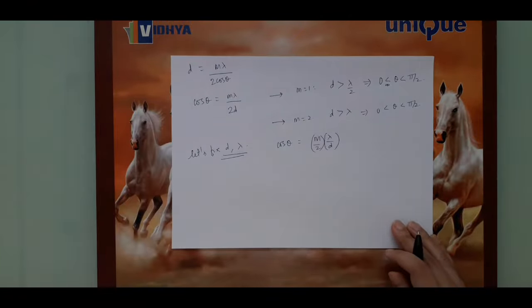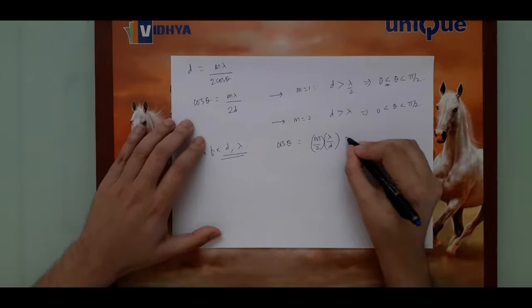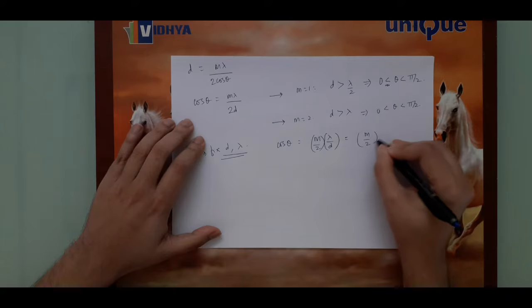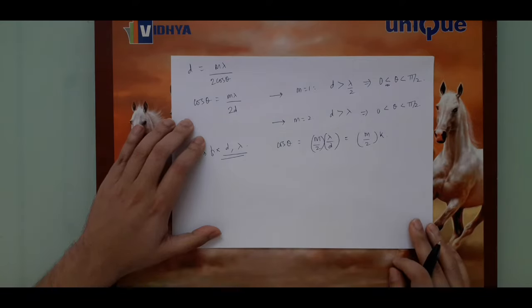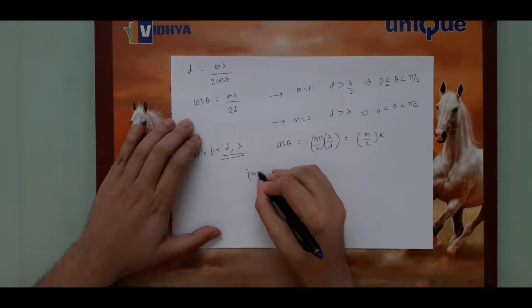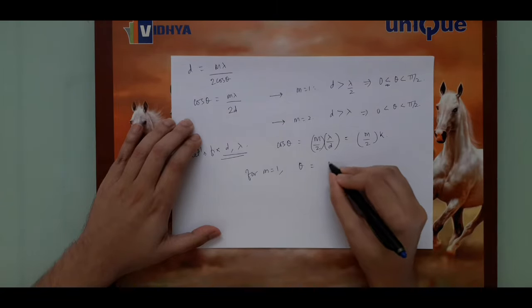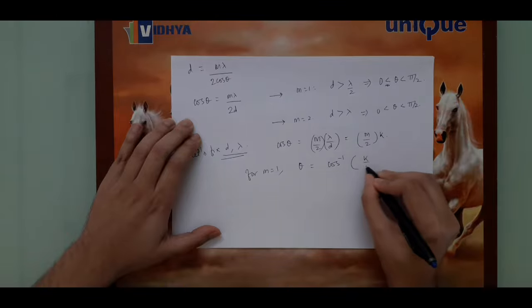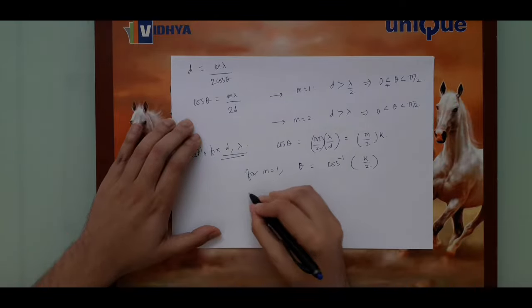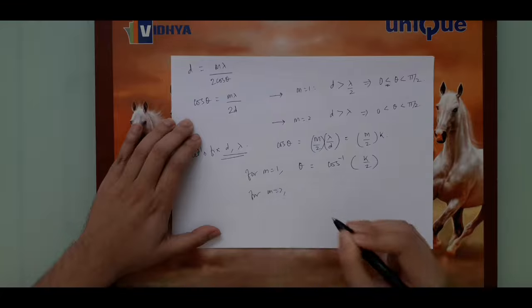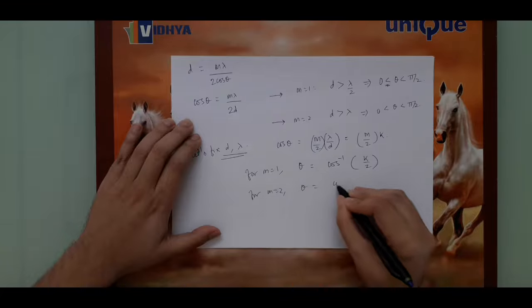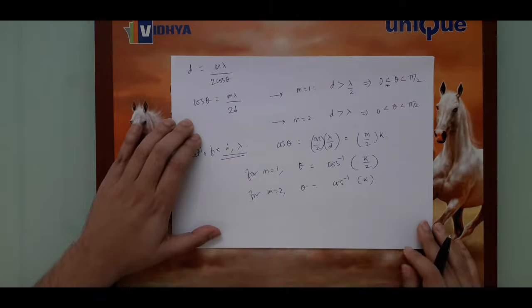Okay? So let's call this some constant k. So for m equal to 1, theta is cos inverse of k by 2. For m equal to 2, theta becomes cos inverse of k.